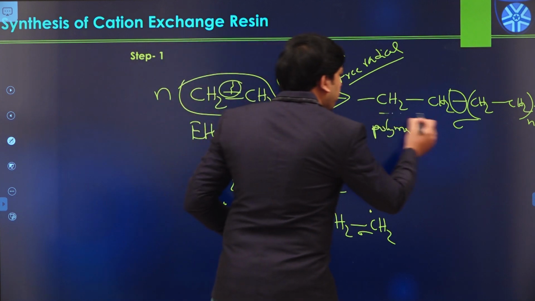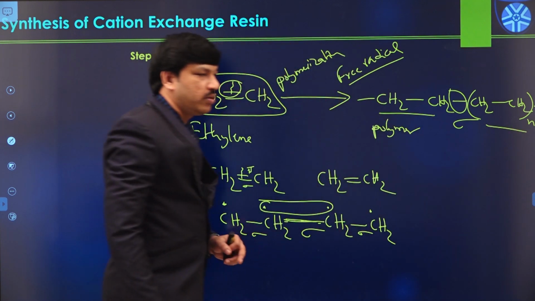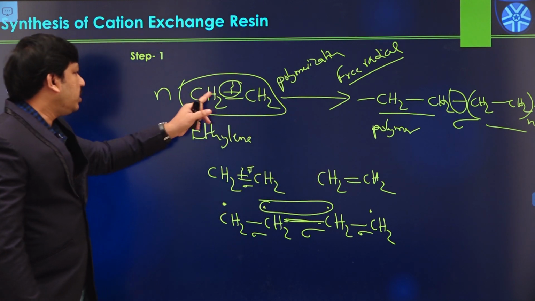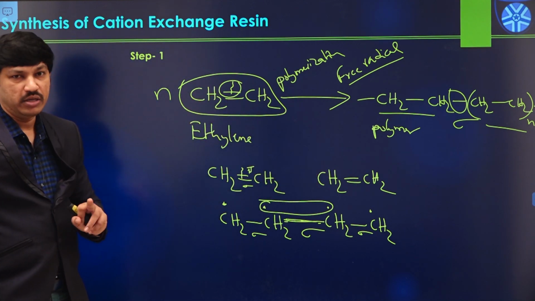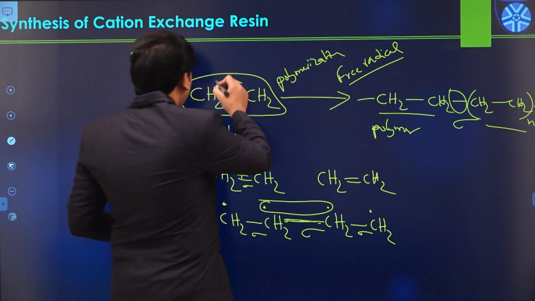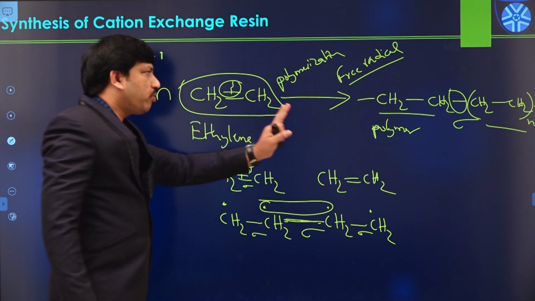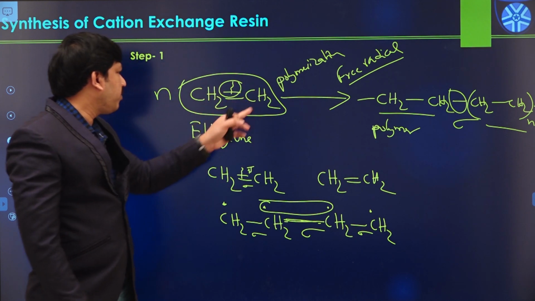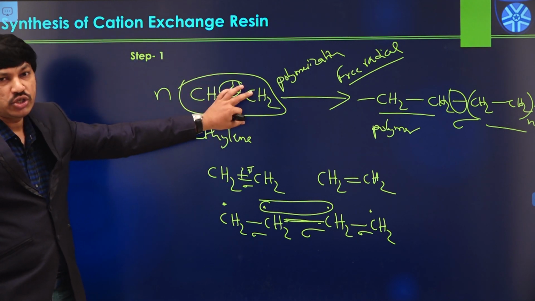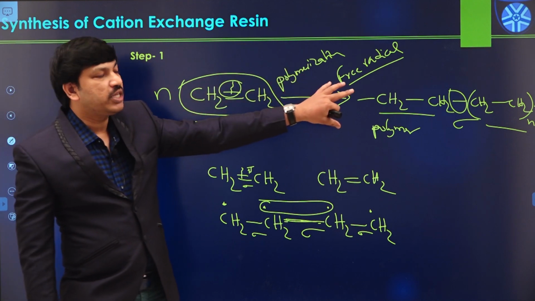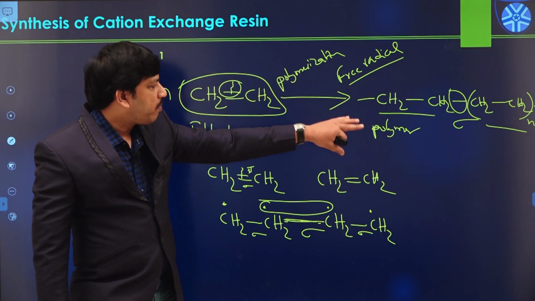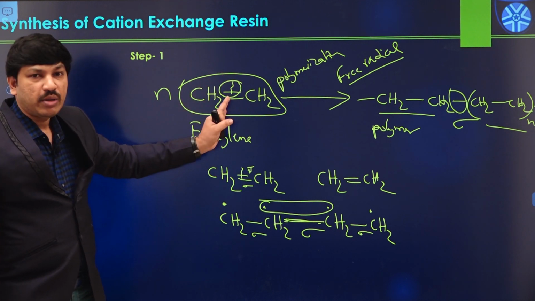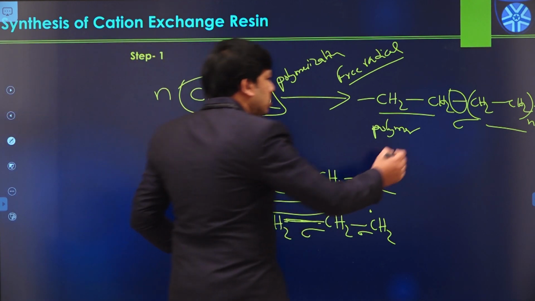So this is the first monomer and this is the second monomer. So there is a formation of a new sigma bond between the two different monomers. At the same time, there is a cleavage of another pi bond like this. So generally, unsaturated compounds undergo free radical polymerization process in this manner. So whenever we have a CH2 double bond CH2 group, it can polymerize into the corresponding polymer compound like this because of the cleavage of one of the pi bonds and formation of a new sigma bond between them.